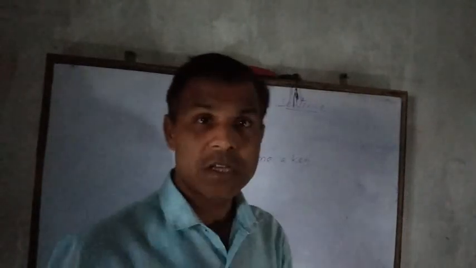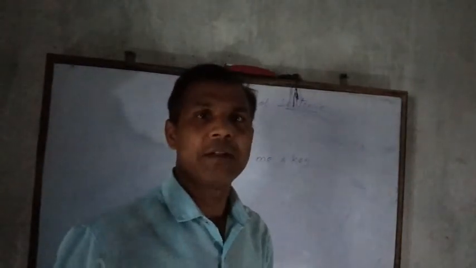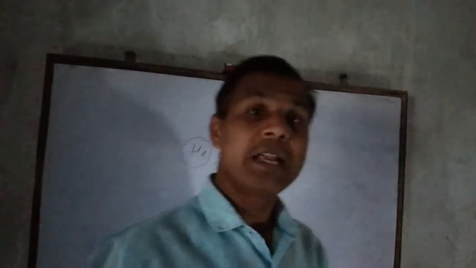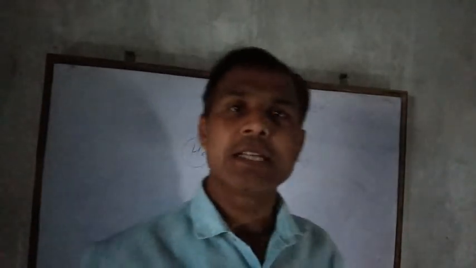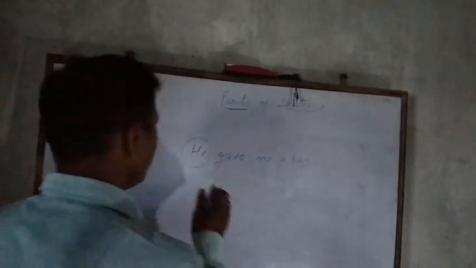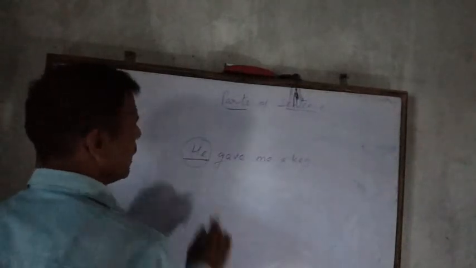I have just told you that a person, place, animal or thing that is being discussed in a sentence is called the subject. So here we are discussing he.